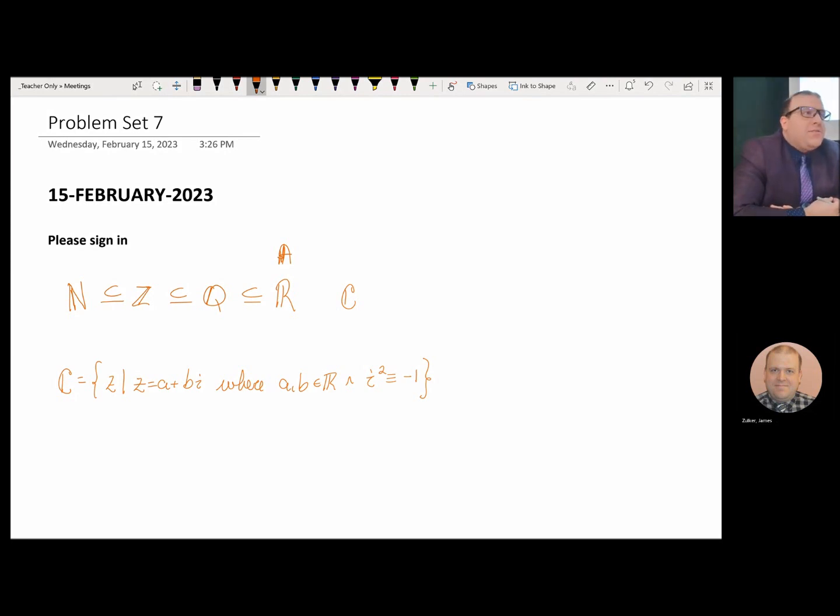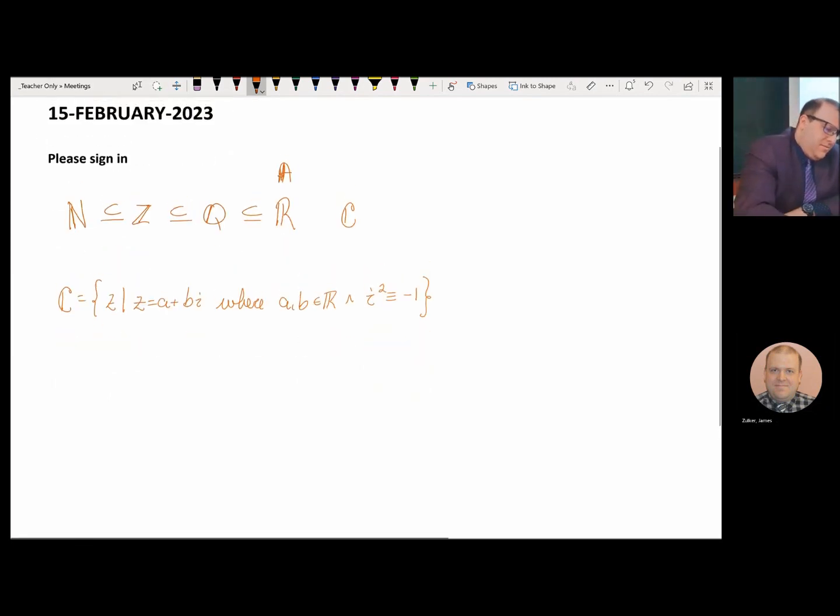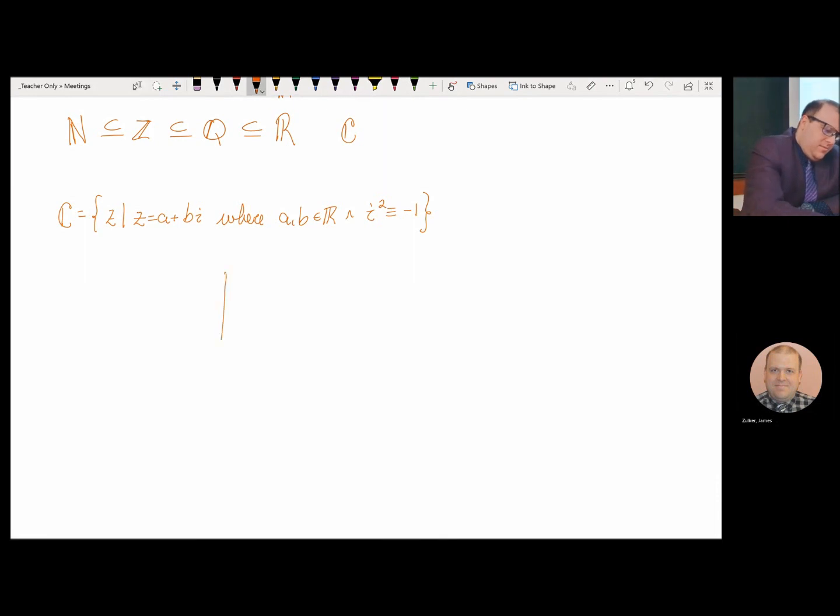There are two ways to look at complex numbers, the algebraic way, a plus bi. There's also a graphical way. You set up an axis system like you would with the real plane.